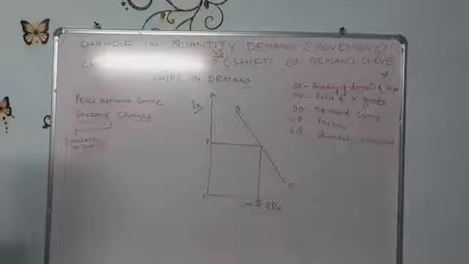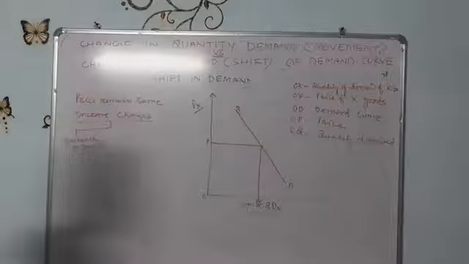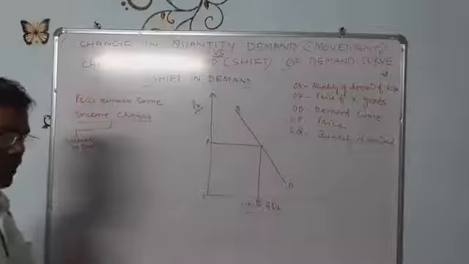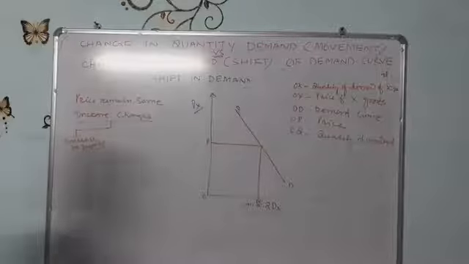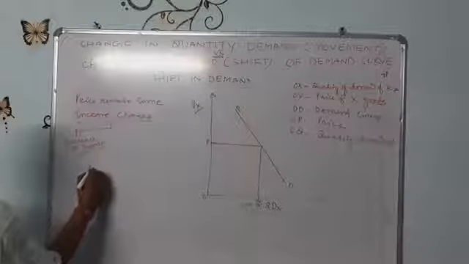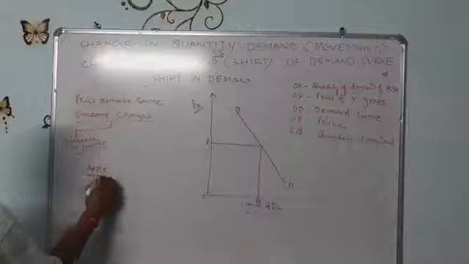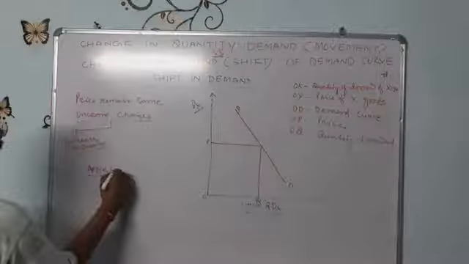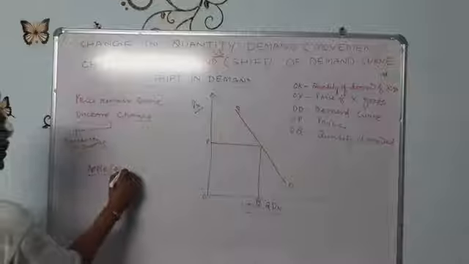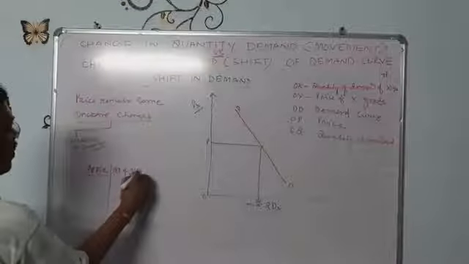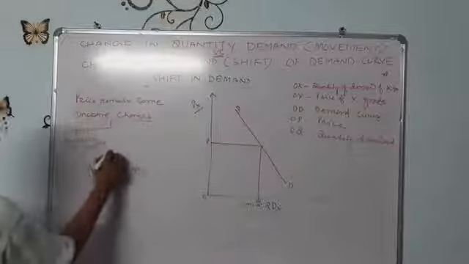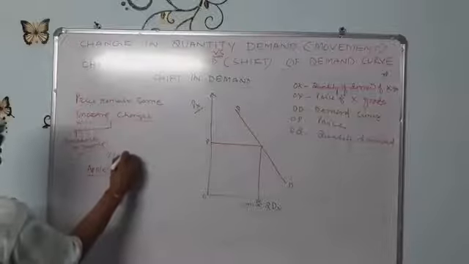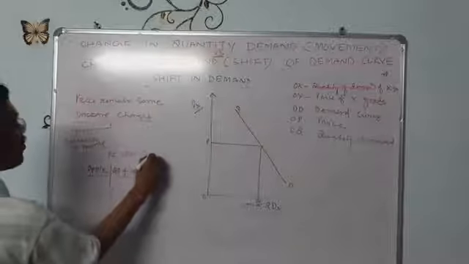What happens when income increases? I gave the example of apples: the quantity demanded of apple increases as income rises from 500 to 700 rupees.